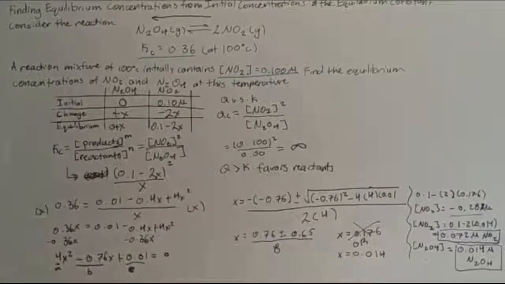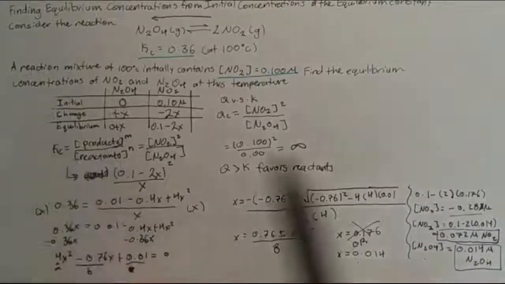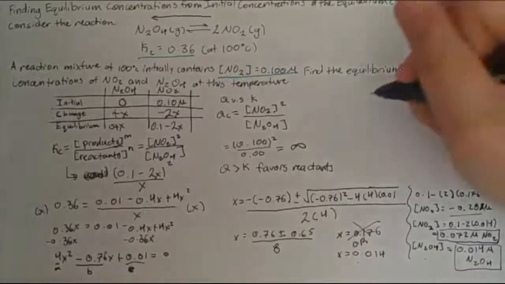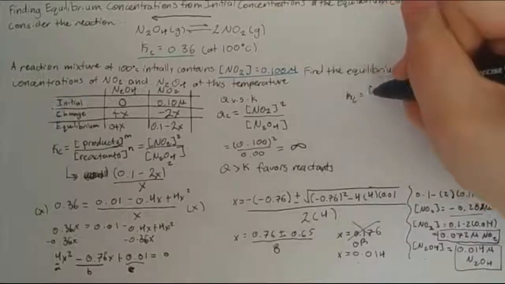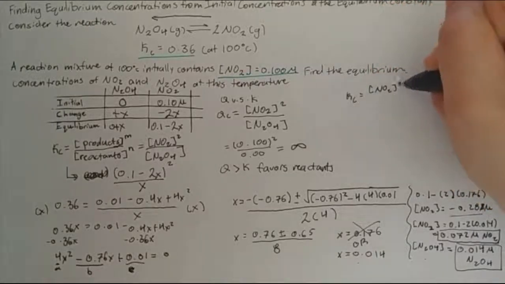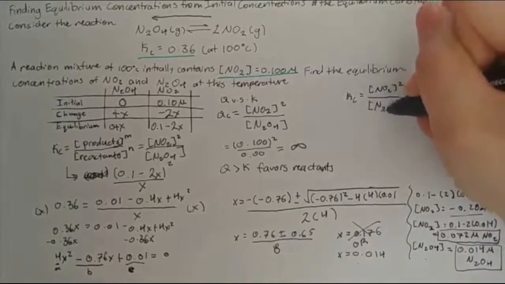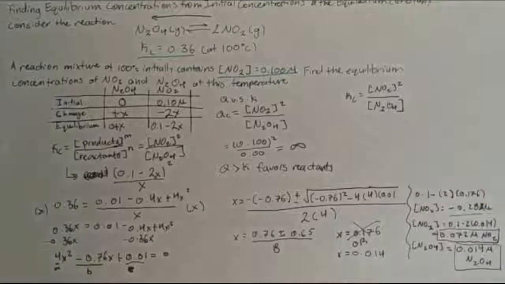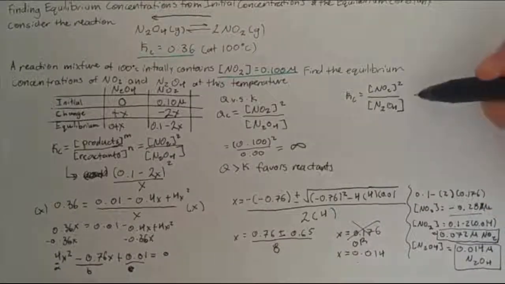Our final step is to check our answer. To check our answer, we use the same equation from over here, which is just Kc for the equilibrium constant. So Kc is equal to the concentration of NO2 squared, from the reaction above, all over the concentration of N2O4. Then we plug in the values that we got from earlier into this equation.